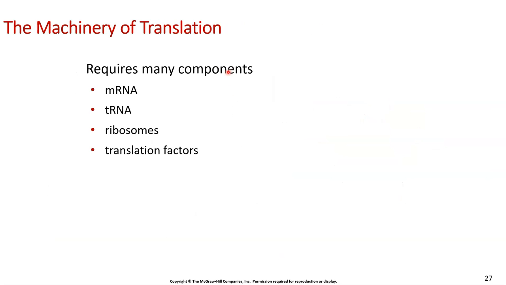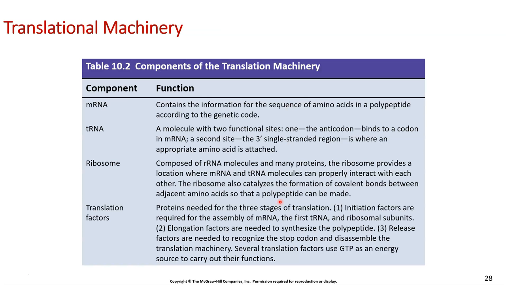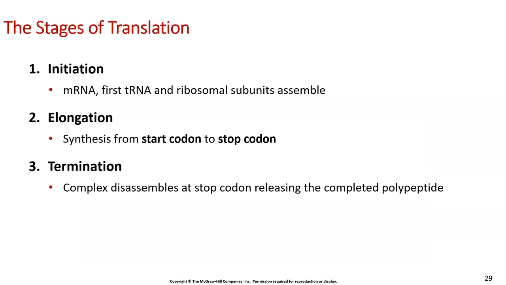So again, just kind of reinforcing that there's a lot of components we have here. mRNA, tRNA, ribosomes, which will represent the rRNA, and some of those transcription factors. This is also a chart from your book, which kind of describes it a little bit better if you want to review that. And then also just kind of quickly highlighting the steps or stages of translation.